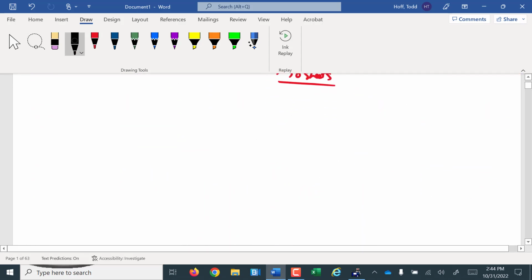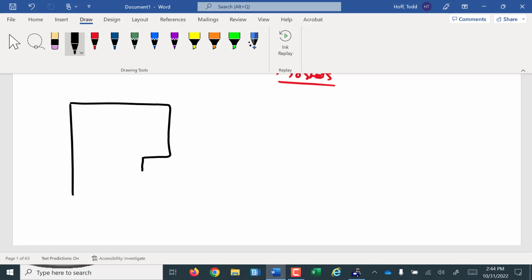Okay, so we said we'd do 2 of them. Let's do the second one. Obviously not drawn to scale.